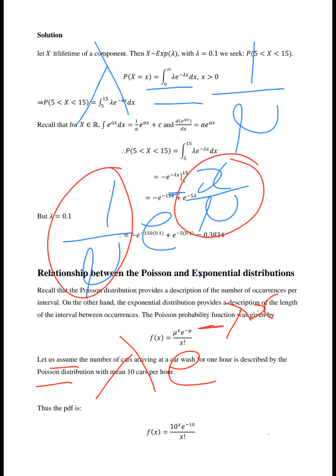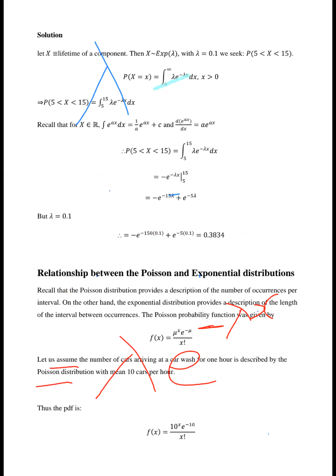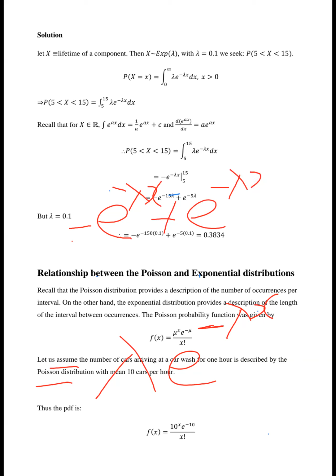When you're done doing your integrals, you should end up with the expression negative e to the power negative lambda x, plus e to the power negative lambda x.